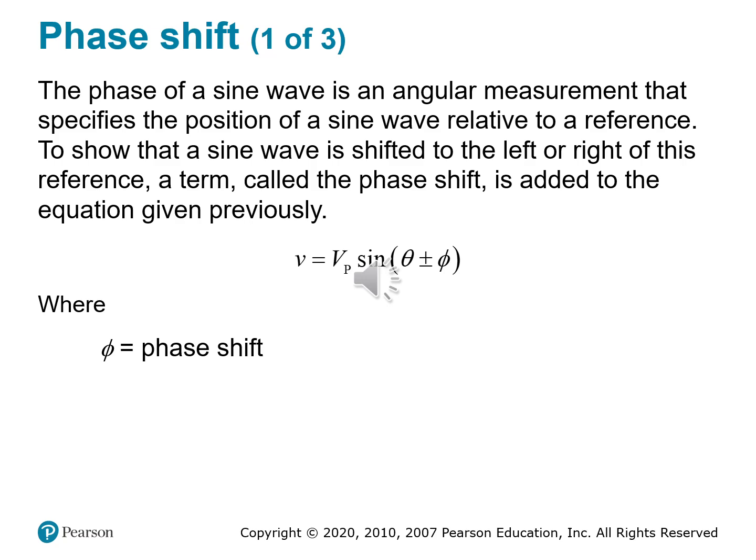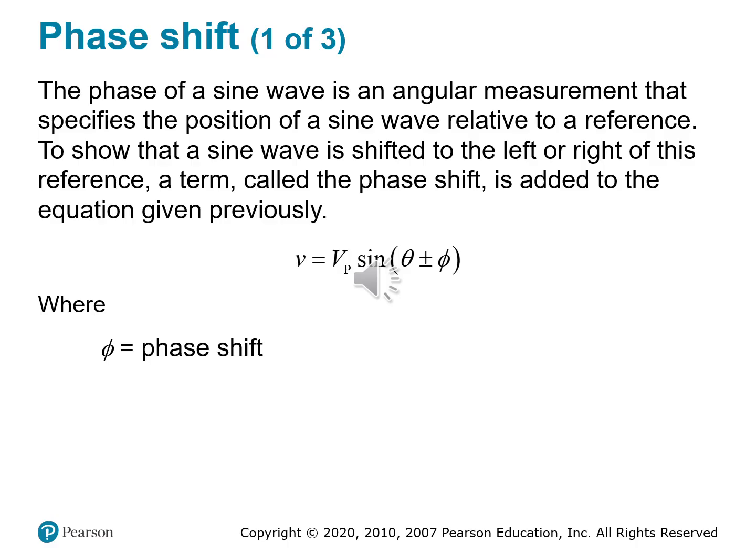The phase of a sine wave tells us where the wave is in its cycle, how far it has rotated compared to some reference. So to represent this in the sine wave equation, we modify that equation just a little bit, and the equation turns into v with respect to t, in other words, with respect to time.